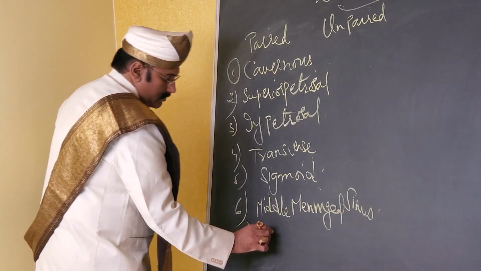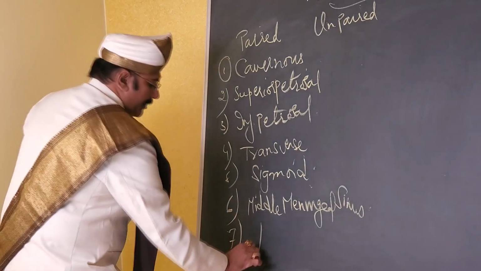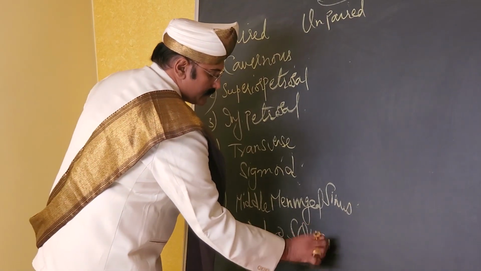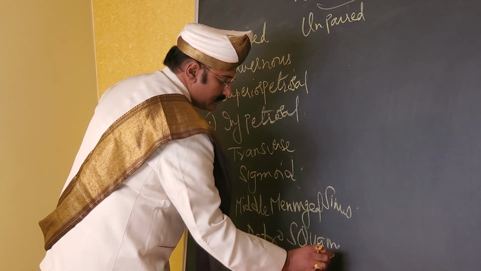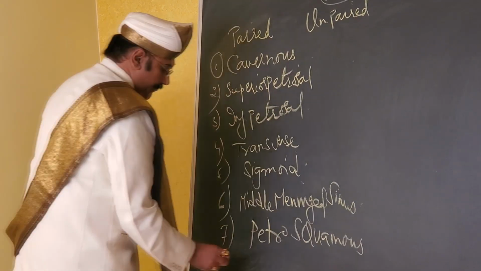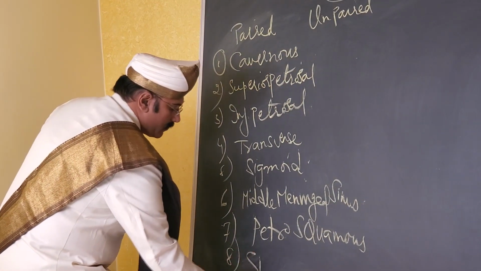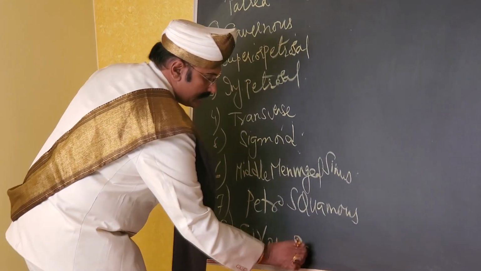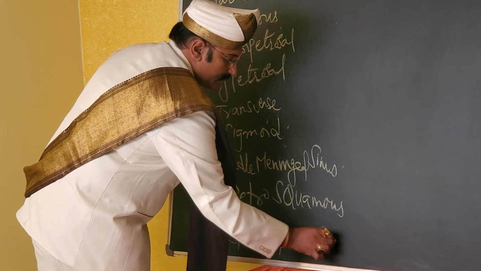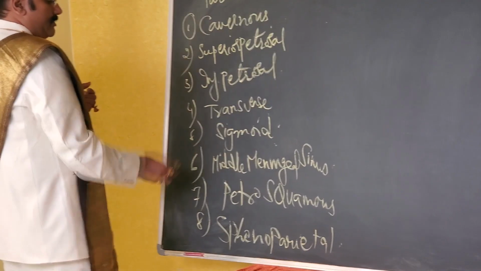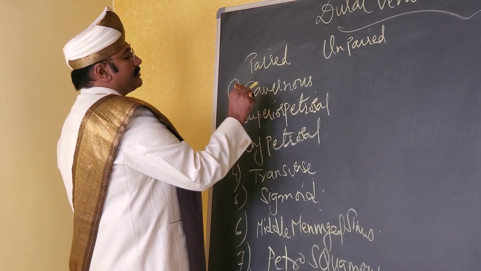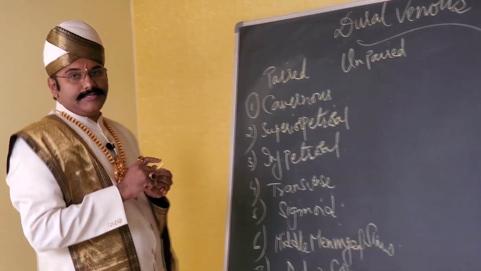Then you have got the petrosquamous sinus, then the other one is the spinoparietal sinus. The paired ones which I am trying to tell: the spinoparietal, petrosquamous, middle meningeal sinuses, sigmoid, transverse, inferior petrosal, superior petrosal, and the cavernous sinuses.